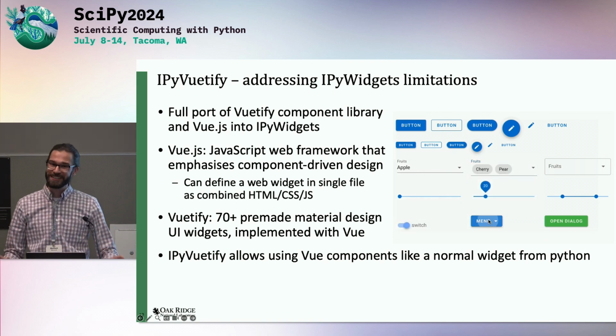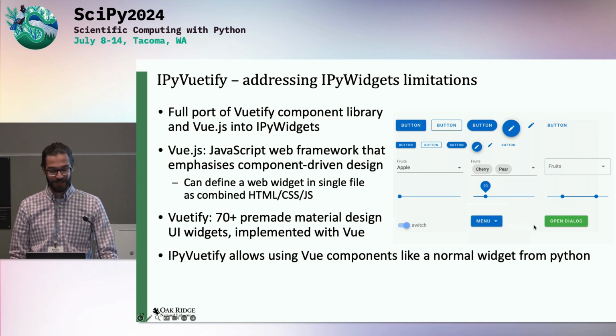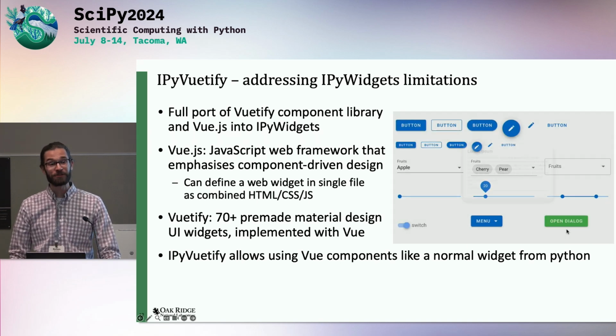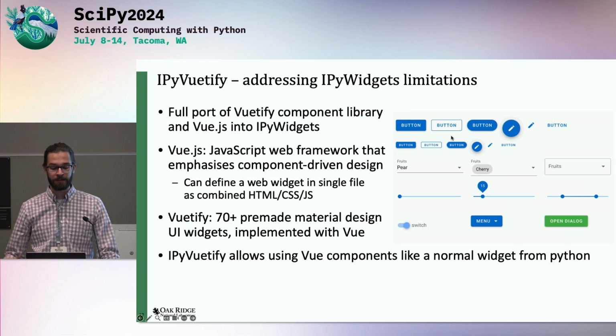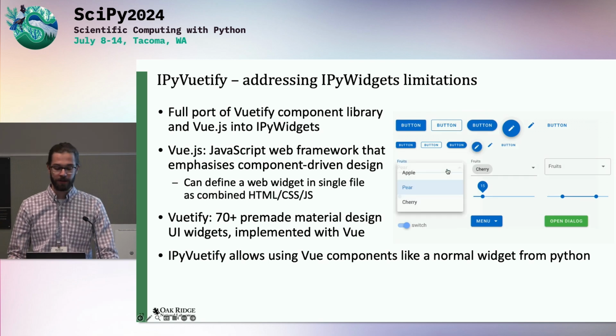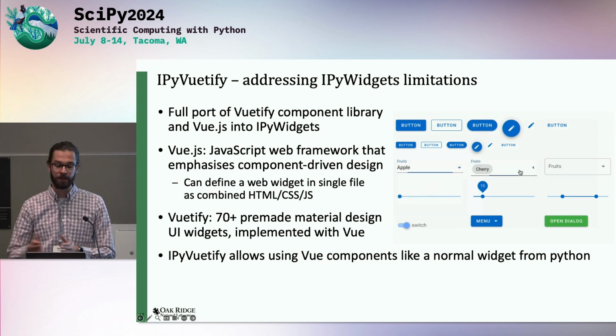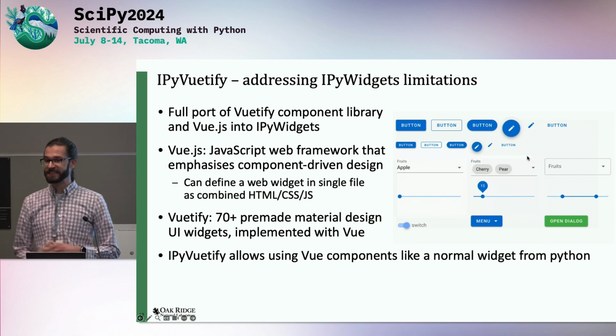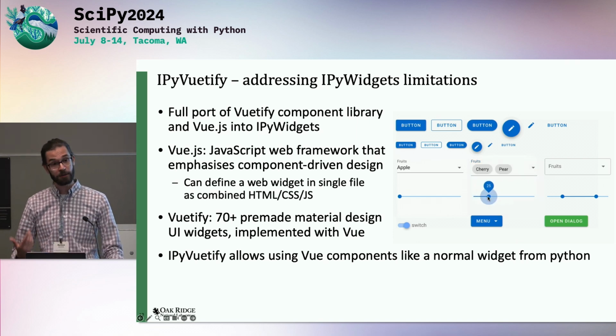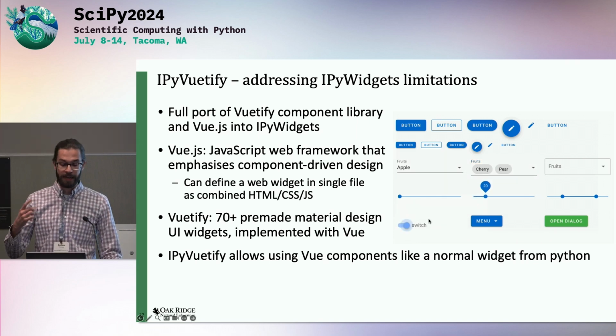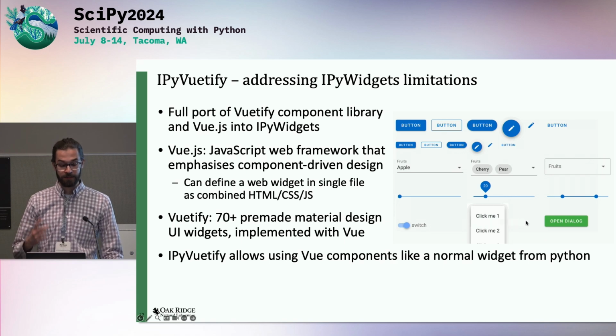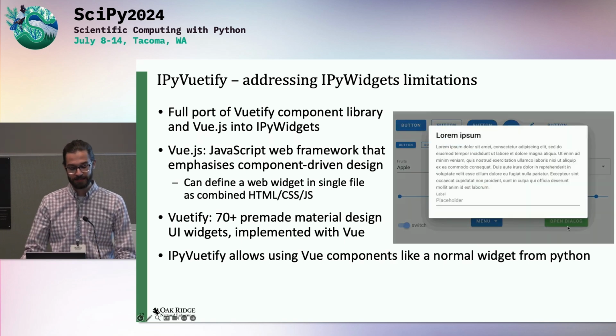There's a lot of terminology on this slide, a lot of JavaScript nonsense, but briefly, Vue.js is a JavaScript front-end web framework. Its main emphasis is on a very component-driven design. So you can build a component in a single file by specifying the HTML, the CSS, and the JavaScript all sort of in the same place.